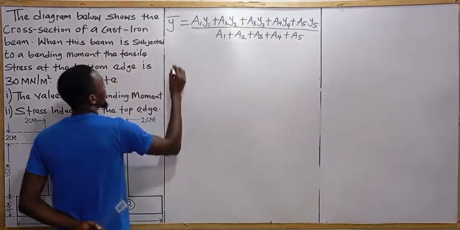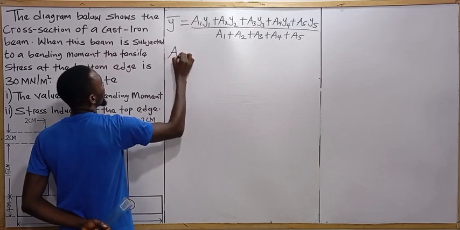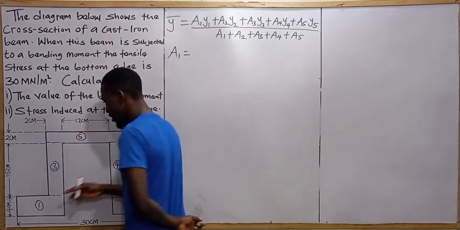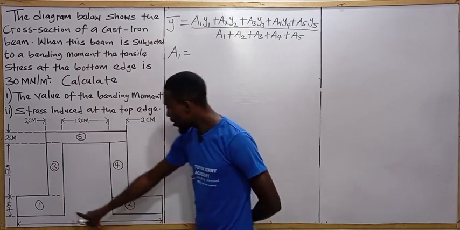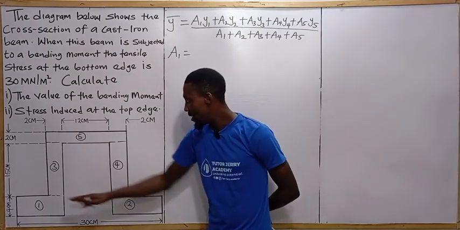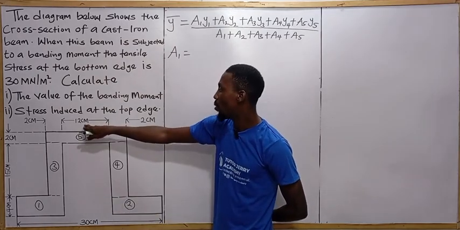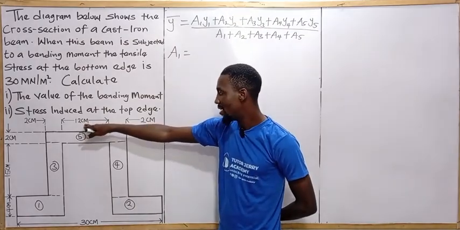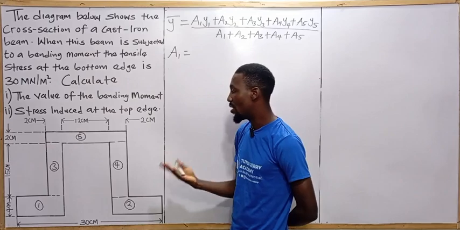All right. So now the area for the first rectangle. From this point to this point is going to be what? The total length here is 30. 30 minus 12 is 18, right? So if we divide 18 by 2, we get 9.